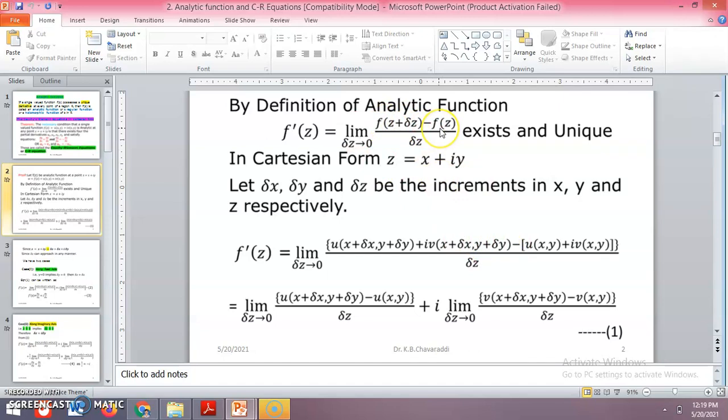Then f of z is u of x comma y plus iv of x comma y, as limit delta z approaching 0, divided by delta z. As we know, delta z is delta x plus i delta y, which we can replace later. We just split the real and imaginary terms in equation 1.